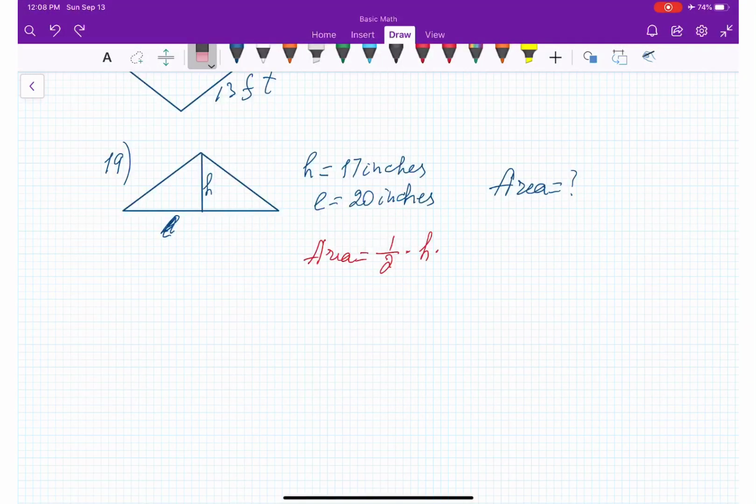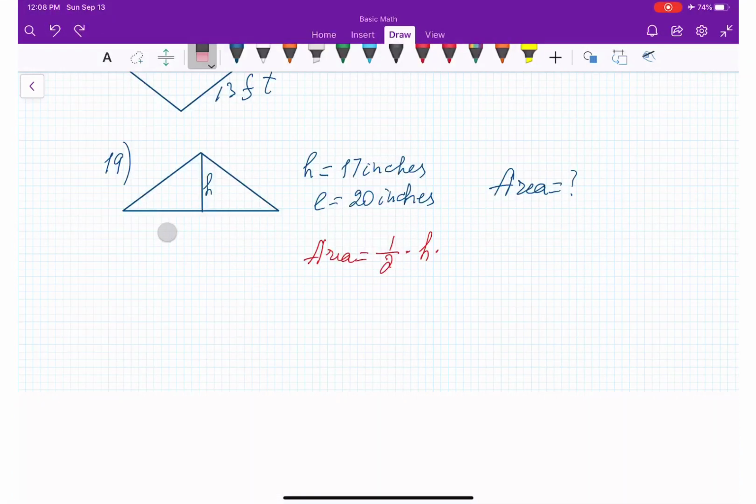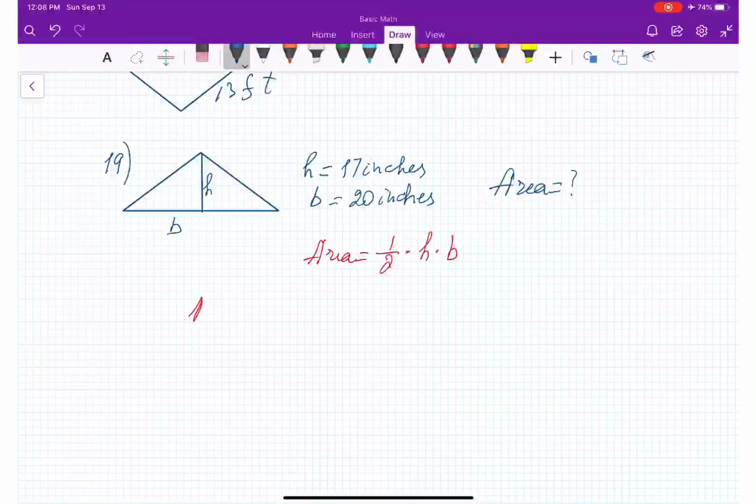Okay, so area is equal 1/2 times 17 times 20.